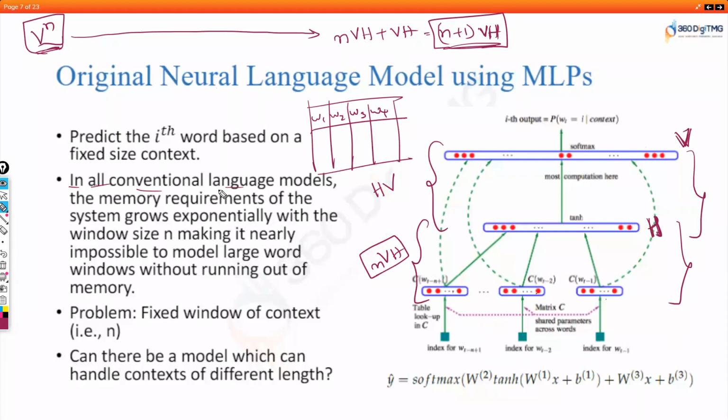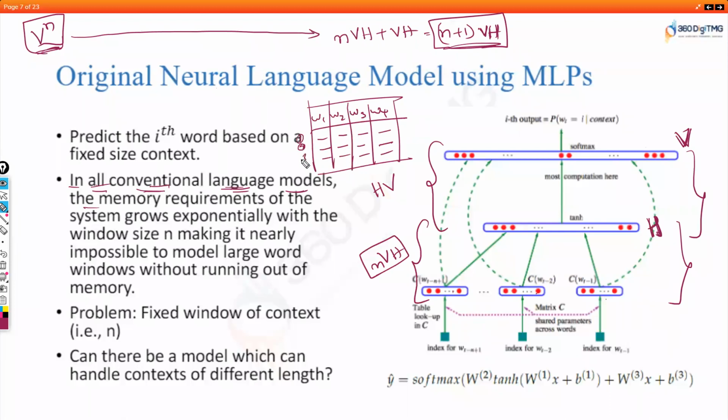Like "all conventional language", where the 4th word is your output. Then "conventional language models" becomes the input and "the" becomes your output value. In that way, it is split and stored here.